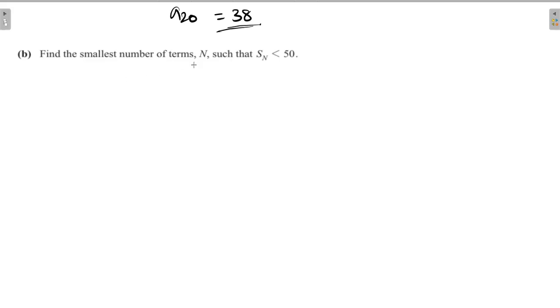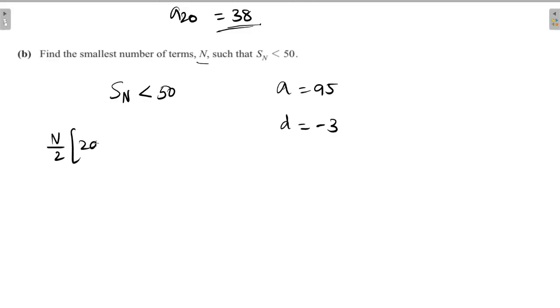Find the smallest number of terms n such that Sn is less than 50. We know that the value of a is 95 and d is minus 3. Let's write Sn. So n by 2 times 2a plus n minus 1 times d, which is less than 50.